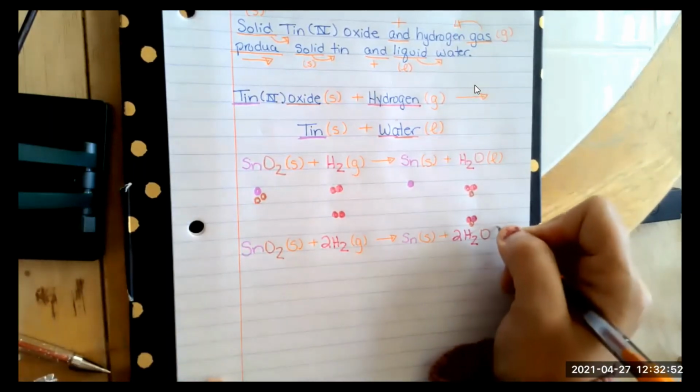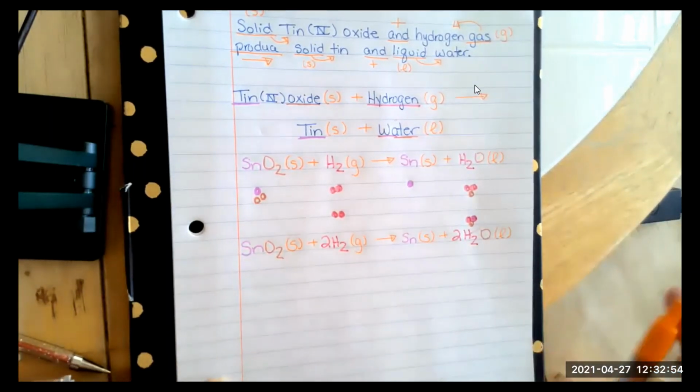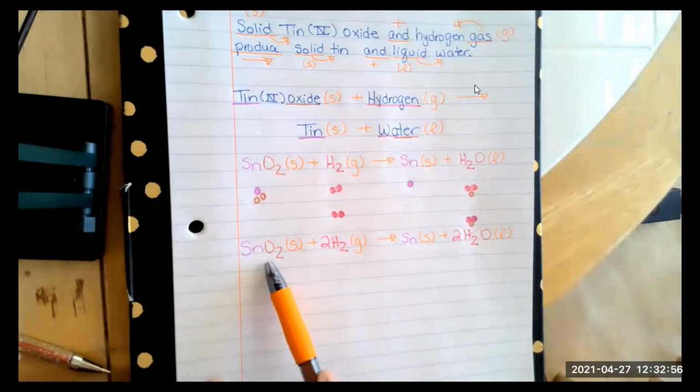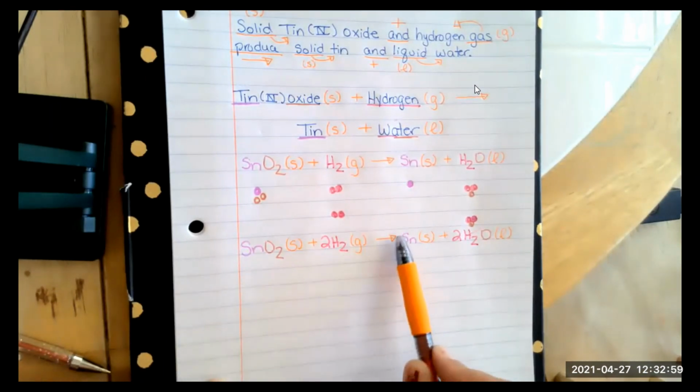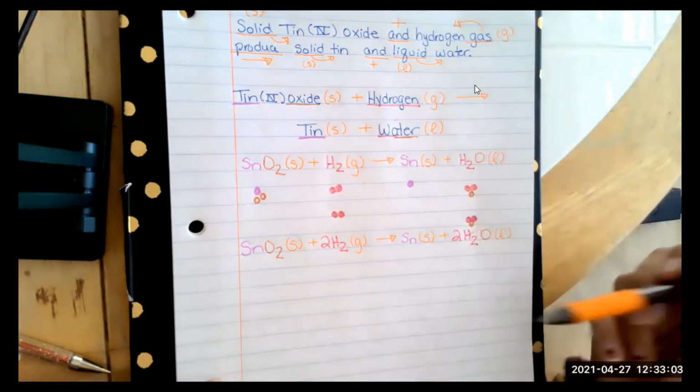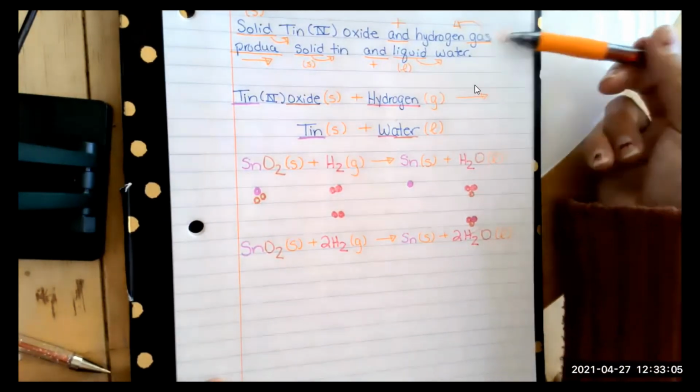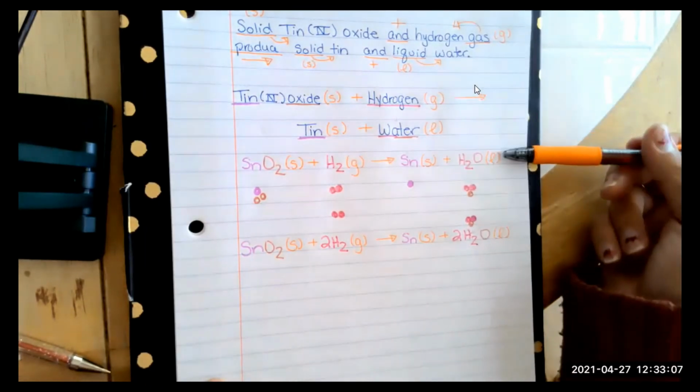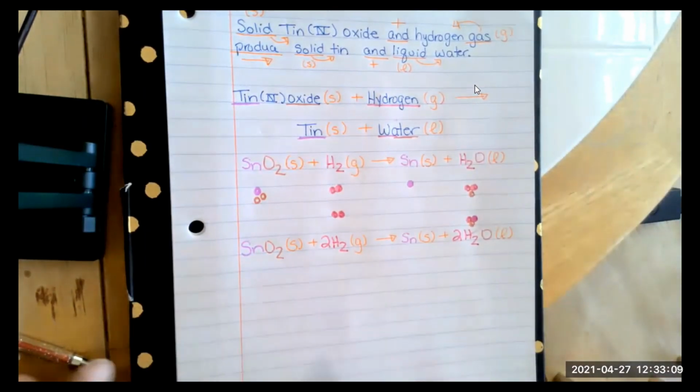And this is the balanced equation. You have 1 tin 4 oxide, 2 hydrogen gases, 1 tin, and 2 waters in order to balance this word equation. And again, that's how we've gone from written to word, word to skeleton, skeleton to balanced. And thank you very much.